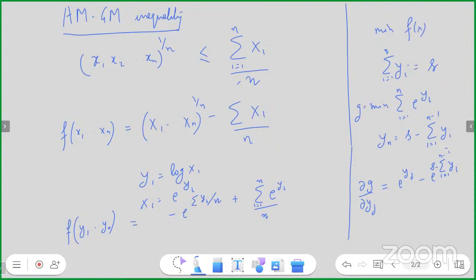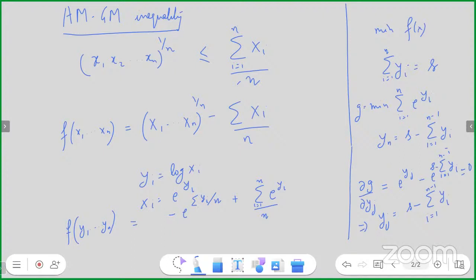If you take the exponents out, yj is equal to the same expression, and this is true for all j going from 1 through n minus 1.